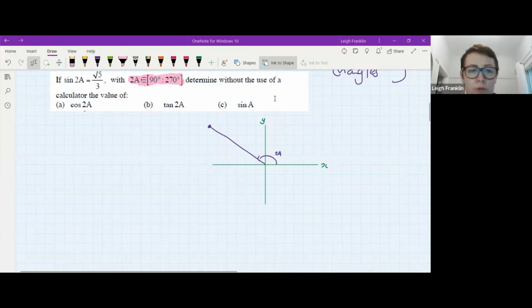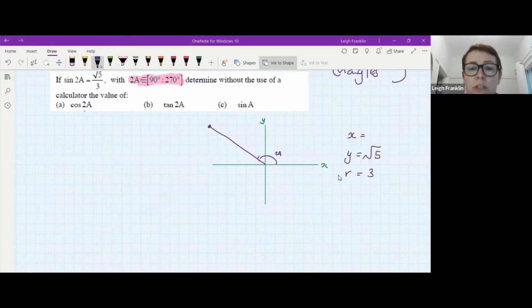No, we don't. What do we know? How are we interpreting sine 2a? They've given us y and they've given us r. In this diagram, we do not yet know what x is. They've told us that y is equal to root 5, and that r is equal to 3. Yes, and we have the hypotenuse.